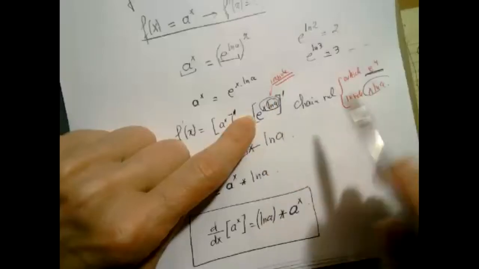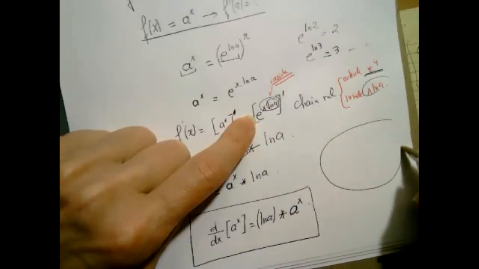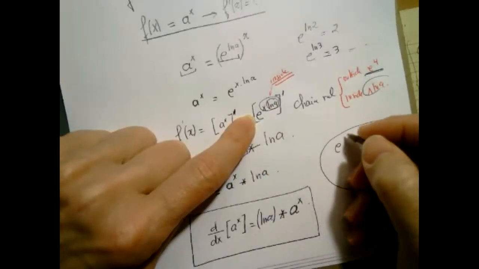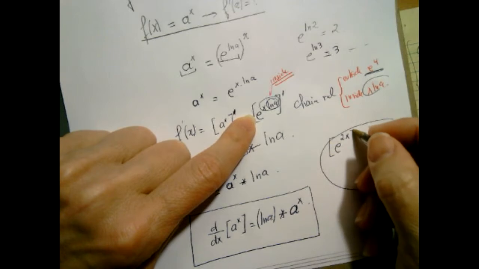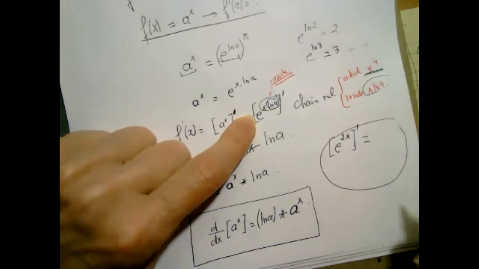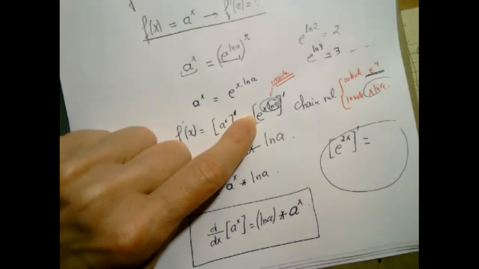So let me ask you a question before I do that. Suppose I have e to the 2x. And then I'll come back to this. I want to ask you to find the derivative of that. What's the derivative of e to the 2x? Wouldn't you have to use the chain rule?